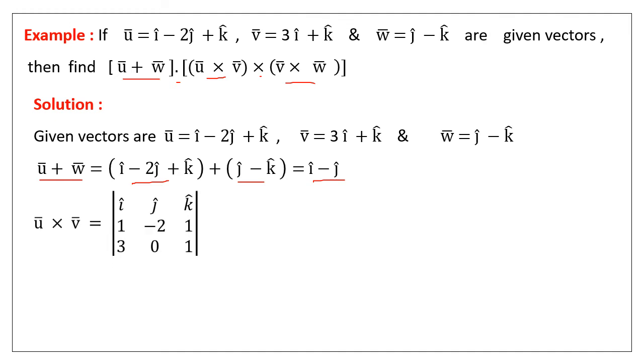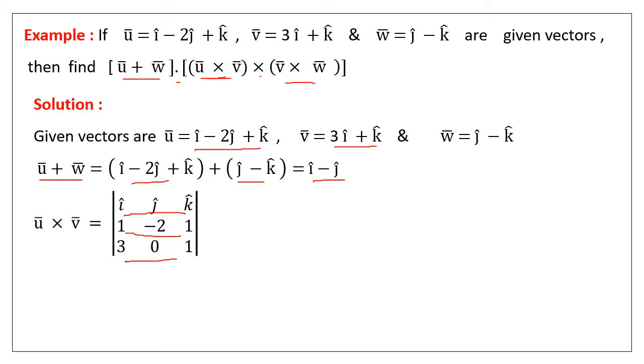Now we will find out the second quantity, that is u bar cross v bar. So in determinant write down in first row i cap, j cap, k cap. In second row by using vector u bar, that is 1, minus 2, 1, and in third row using vector v bar we can write 3, 0, 1, since j cap is 0 there.